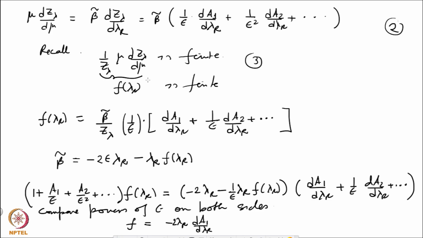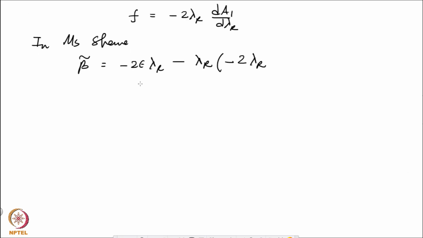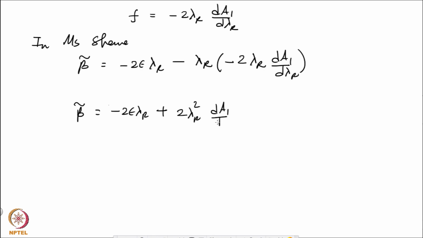So that gives you minus 2 lambda r dA1 over d lambda r. So beta tilde is minus 2 epsilon lambda r plus 2 lambda r square dA1 over d lambda r. I hope I didn't make any mistakes.